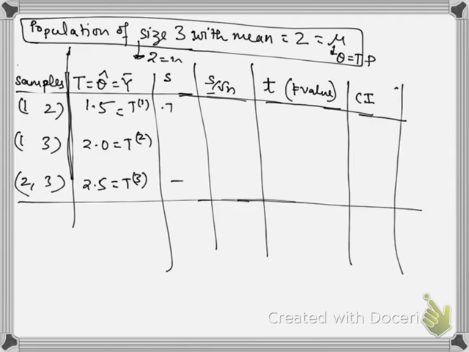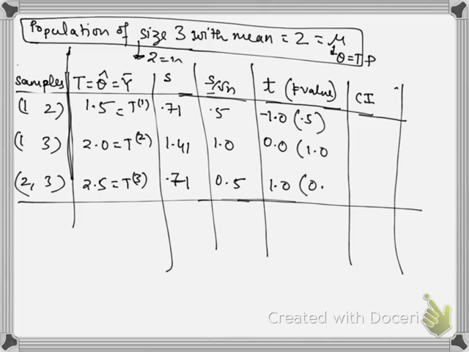So I did some stuff beforehand. 1.4, 1, 0.0, 0.5. The test statistic for theta equal to theta naught versus theta not equal to theta naught is this. You can use R to get these values. If this was your sample, this is the value of the test statistic, and the corresponding p-value is this. Similarly, you can get the confidence interval.